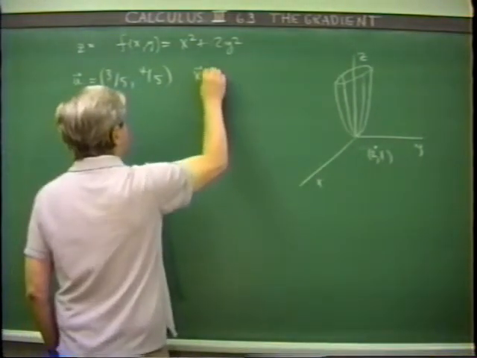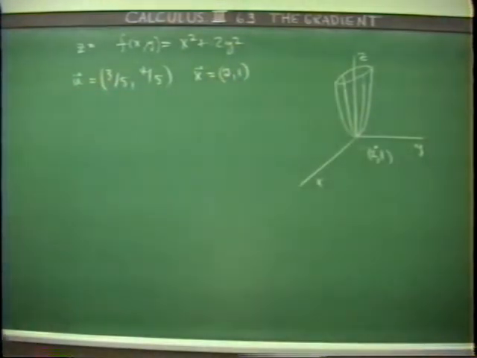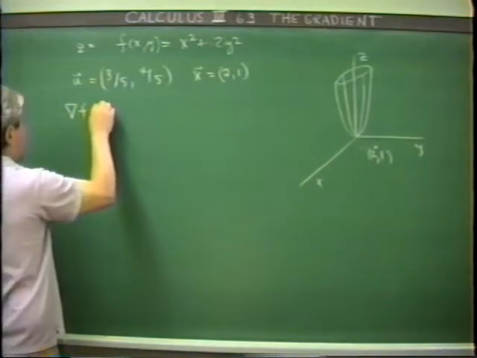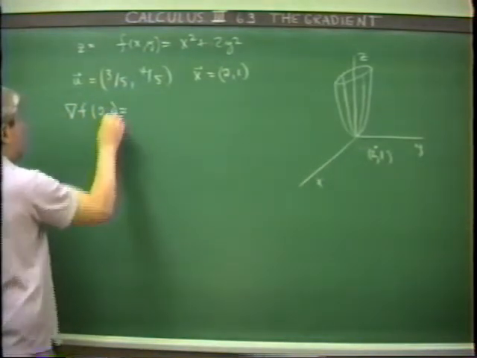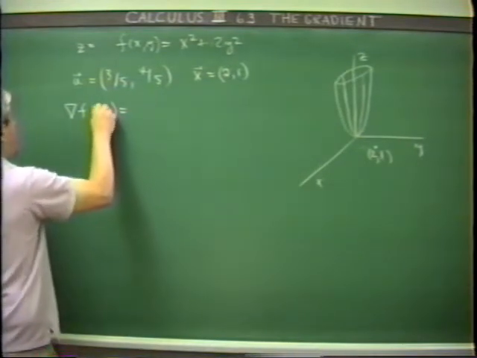So let x be the point 2, 1. And then the gradient of f at 2, 1. Well, first of all, at any point x.